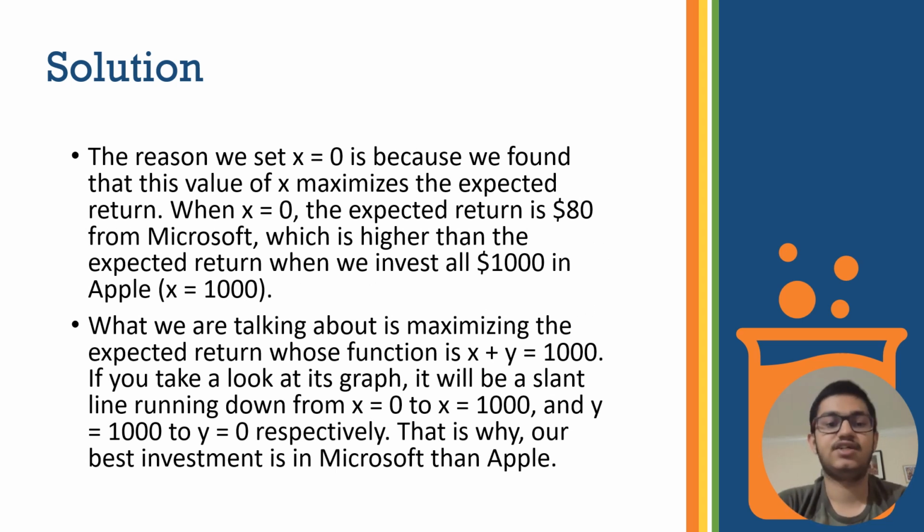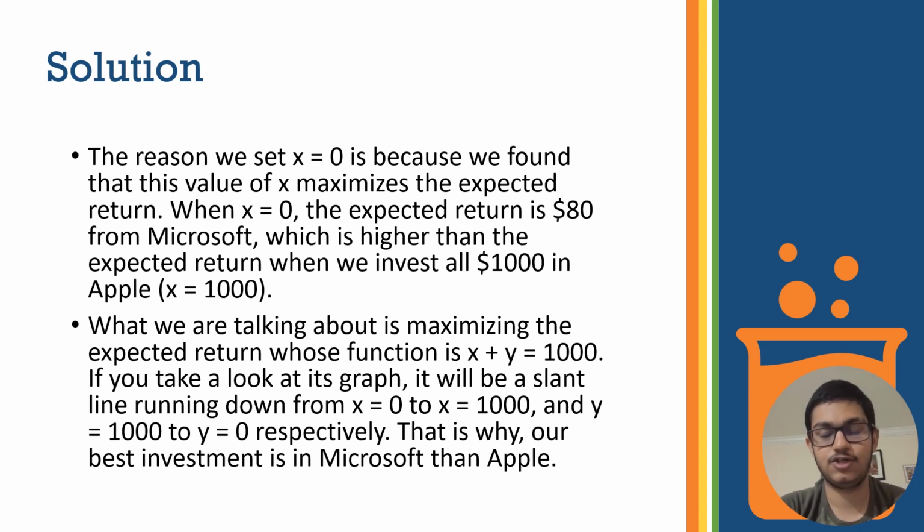And the reason why we set x equal to 0 is because we found that this value of x maximizes the expected return, right? So when x equals 0, the expected return is $80, and that is from Microsoft, which is higher than the expected return while we invest all 1000 in Apple, where x equals 1000.